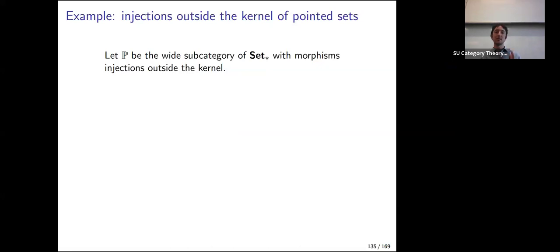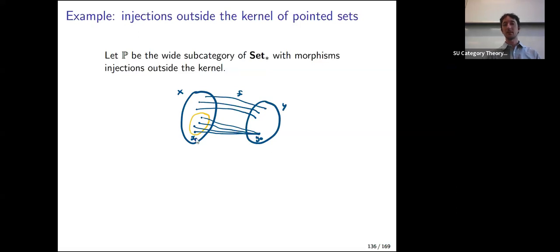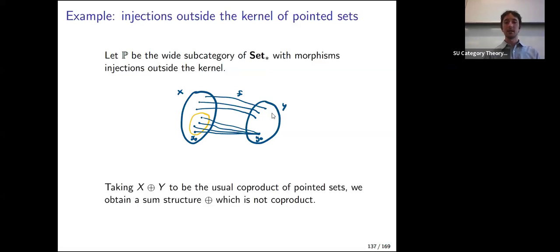Okay, cool. Another example is that of injections outside the kernel of pointed sets. So take P to be the wide subcategory of the category of pointed sets with morphisms just injections outside the kernel. So you can have any kind of kernel, but the stuff outside the kernel needs to be mapped injectively to the target.